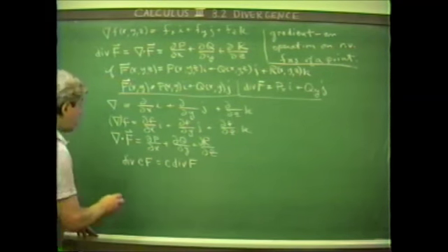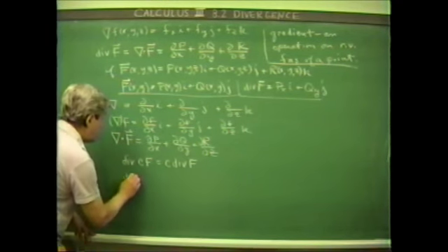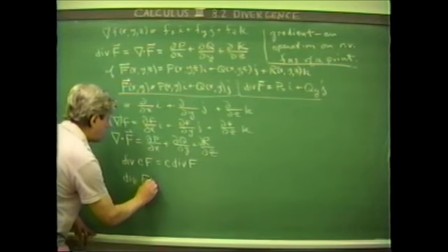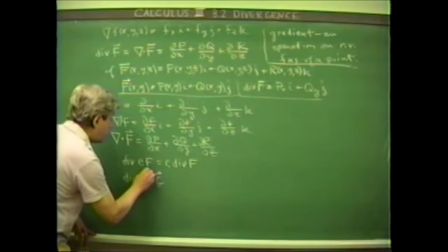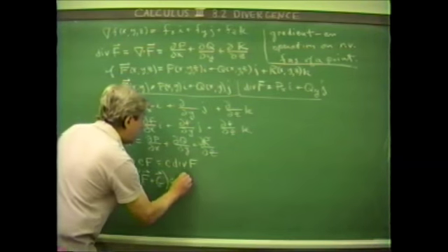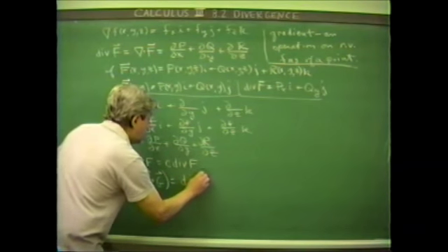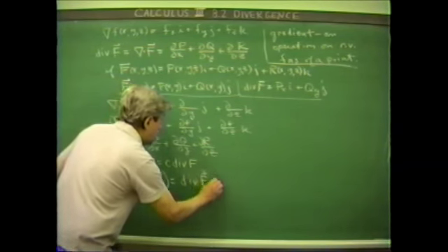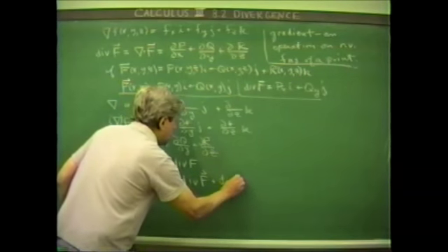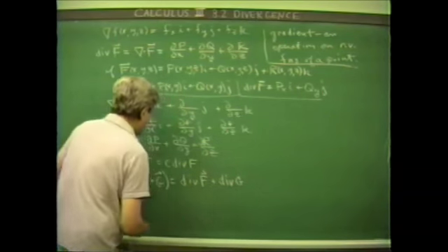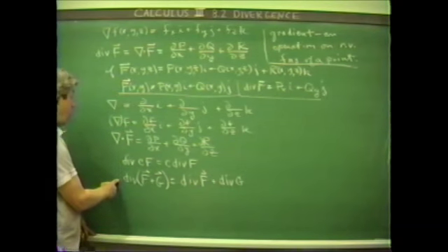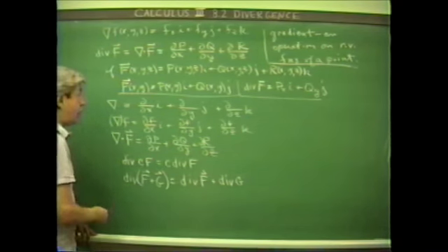Right? Also, the divergence of the sum of two vector valued functions is the divergence of the first plus the divergence of the second. These two properties are what's called linearity, and this indicates that the divergence is linear.